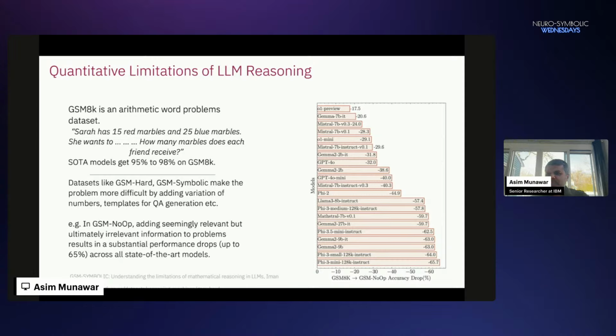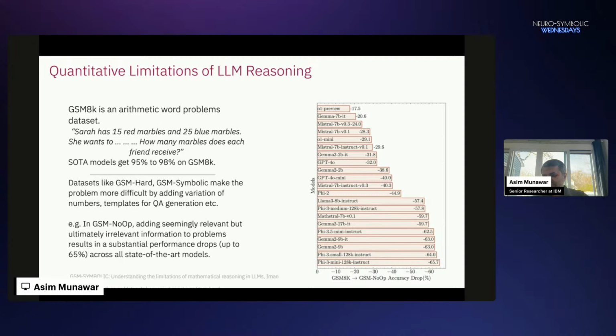State of the art models get 95 to 98% on GSM 8K, but there are other data sets called GSM hard and GSM symbolic, which make the problem much more difficult by adding several variations, several templates, bigger numbers, and so on and so forth.